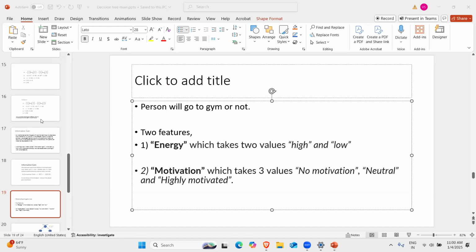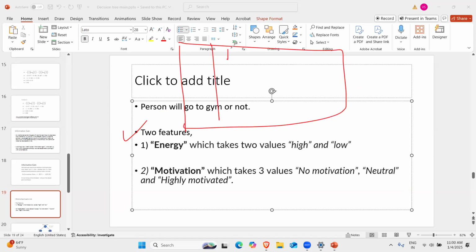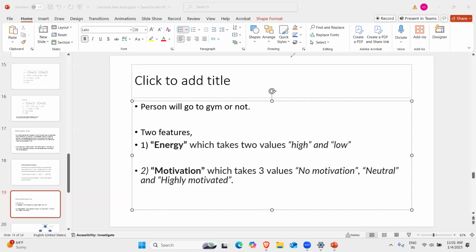So suppose you have a data set with the features energy and motivation, and the target is whether the person will go to gym or not. I have two features: energy, which takes two values, high and low, and motivation, which takes three values: no motivation, neutral motivation, and highly motivated.